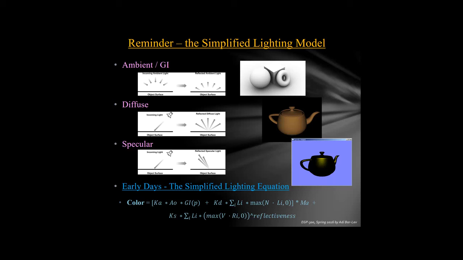The next energy type is diffuse. Diffuse basically means that energy comes from a light source, but it is reflected. The energy that is not absorbed by the object is reflected equally along the entire hemisphere of the surface.